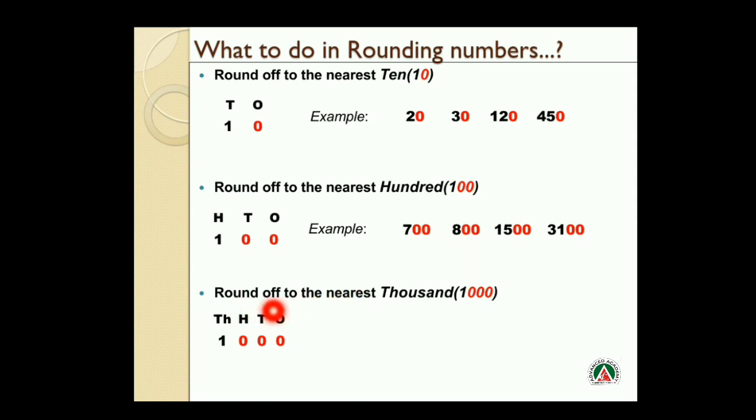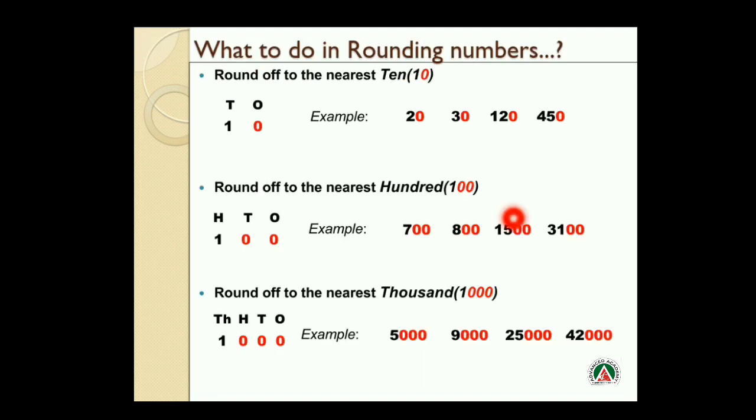Always 0 will be there. See the examples of thousands: 5000, 9000, 25,000, 42,000. See, in all of these zeros are there. So this is the trick. If you want to round off to the 10, 0 will be there at the ones place.